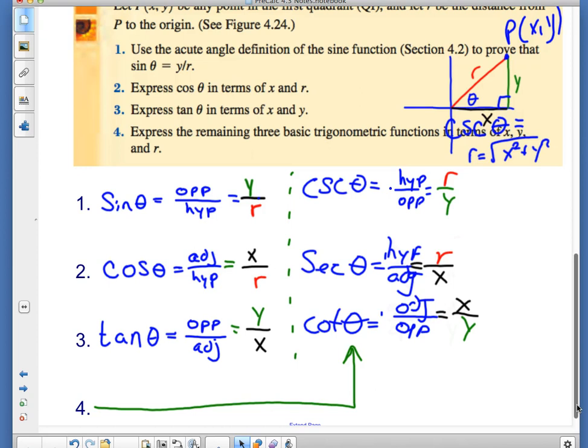I'm saying my sine of theta is going to be my y value in the unit circle because r is 1 in that case. Okay, so that's what we're going to be working on. And that's why the unit circle is all about the radius, or in our case, when we were working with the special right triangles, the radius or hypotenuse being 1.